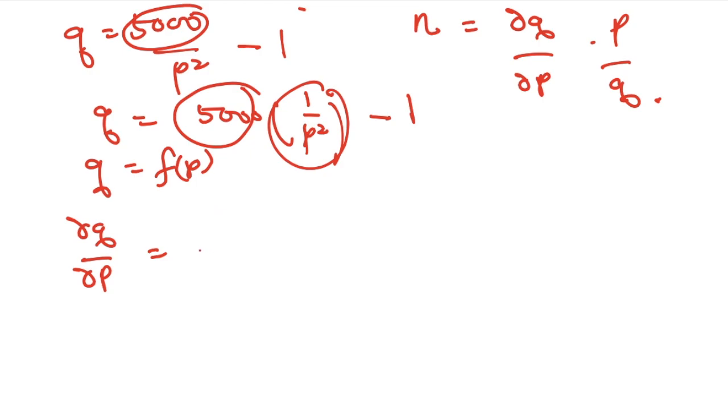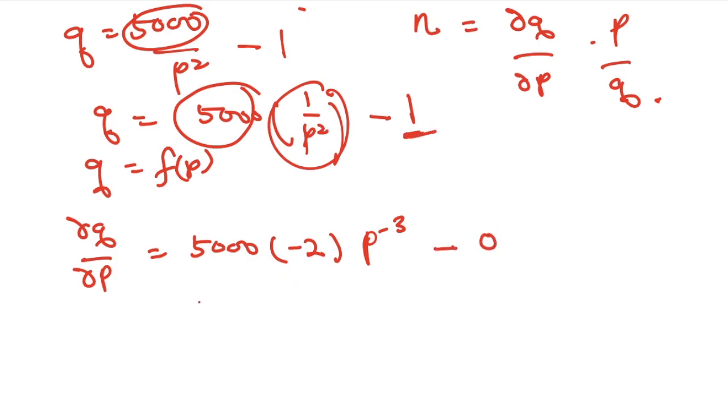A constant is a constant. 5000 stays the same because it's multiplied by the variable P. You see P here, so when you differentiate it, it becomes minus 2 to the power of P times P to the power of minus 3, isn't it? And then minus 0 because you don't see P here.